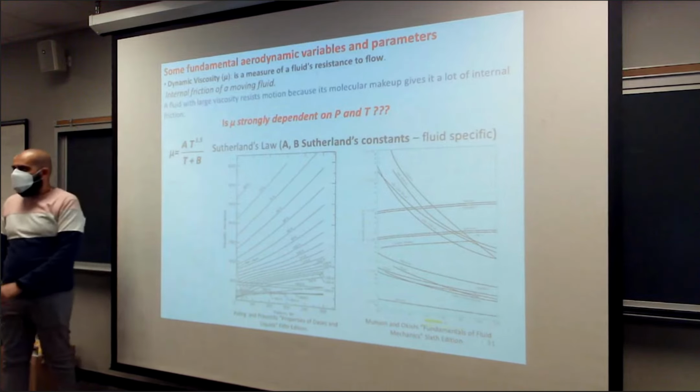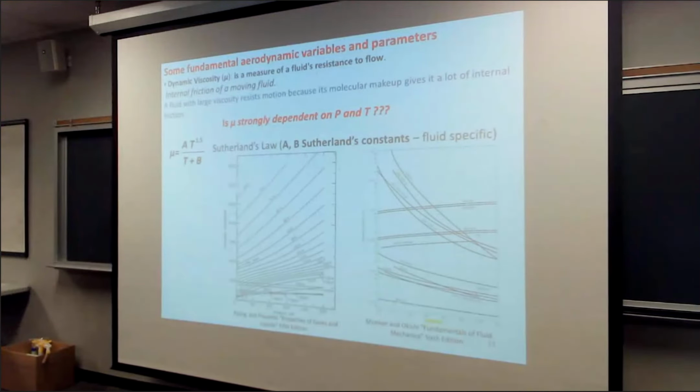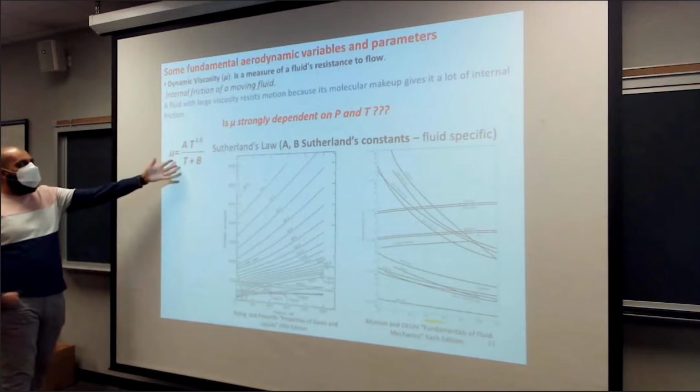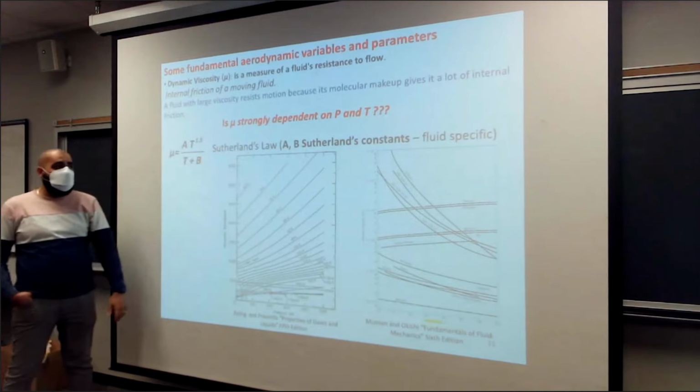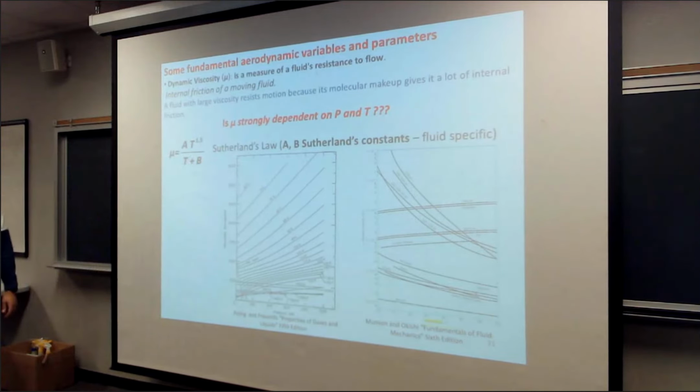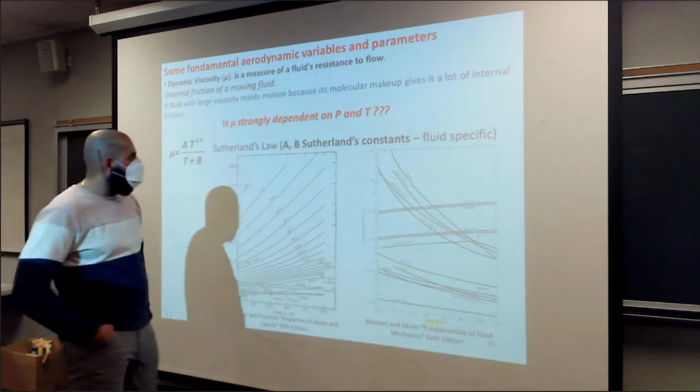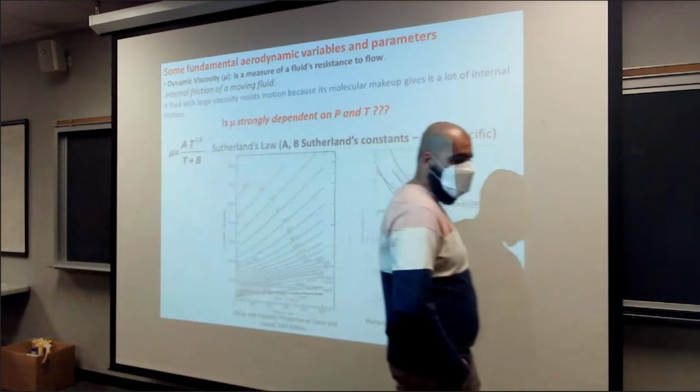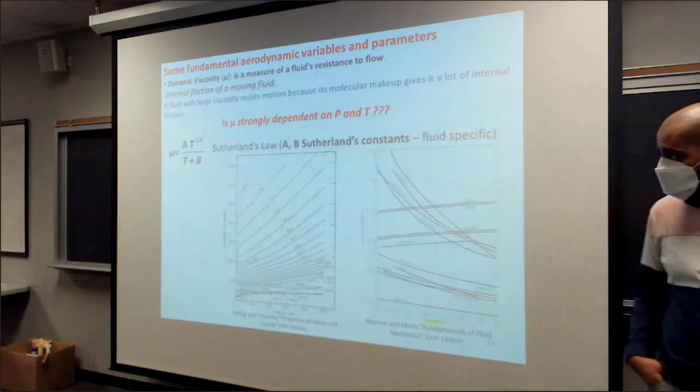It has two constants for different situations, covering other types of dependence of viscosity. Sutherland's law tells you that the viscosity is equal to A multiplied by temperature to the power of 1.5, divided by temperature plus B. A and B are Sutherland's constants.